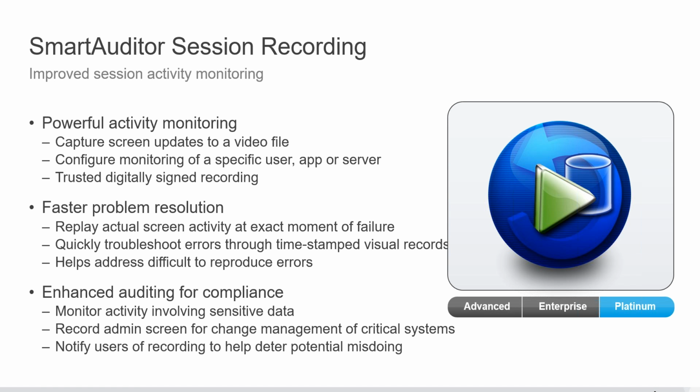But to bring it back even more full circle, when we talked at the beginning about compliance and auditing within Director, boom, we've got the Smart Auditor Session Recording, which allows you to actually capture screen updates to a video file, actually configure and monitor specific users, quick replay, quick troubleshoot. You have this screen auditing session recording on file so that if you get audited, you can actually say, let's go look at the tape.